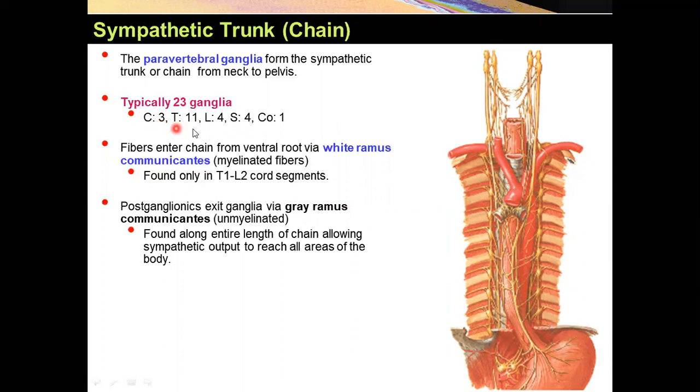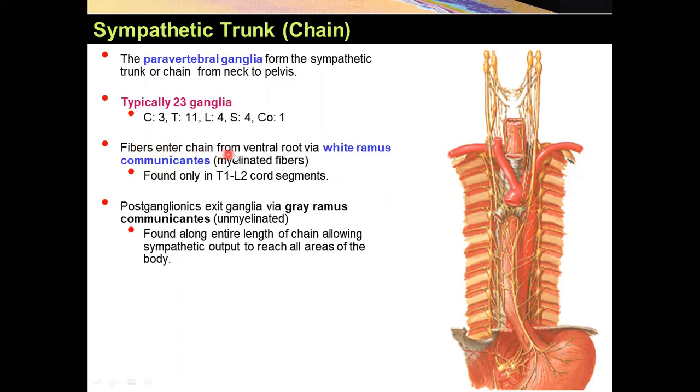But as we grow older, the cervical ganglia unite and become 3. So in the cervical region, there are three paravertebral ganglia. In the thoracic region, 11, lumbar region, 4, sacral region, 4, and the coccygeal region, 1 paravertebral ganglia are present.